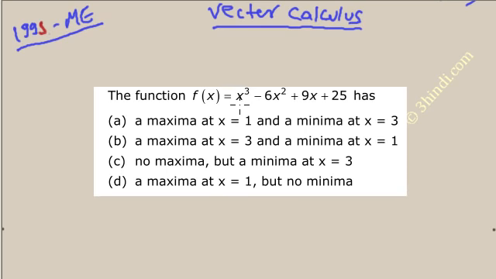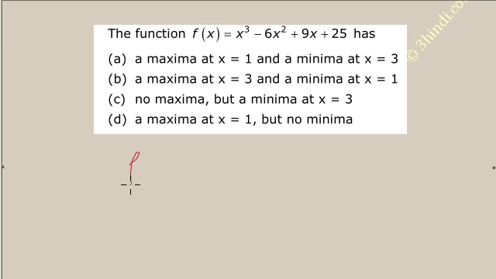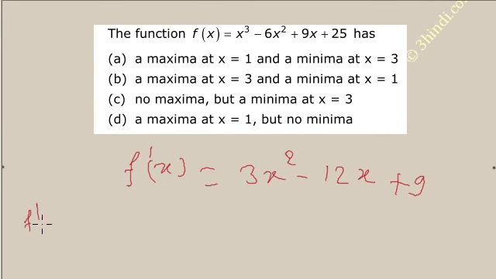First you need to differentiate with respect to x. So f dash x is equal to 3x square minus 12x plus 9. If you solve f dash x equal to 0, you will get the roots.